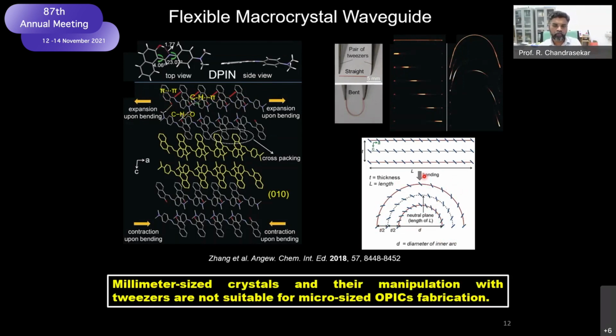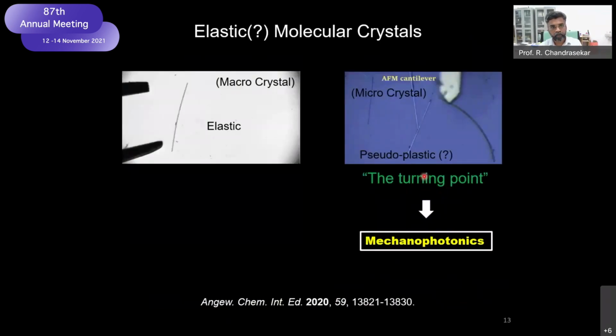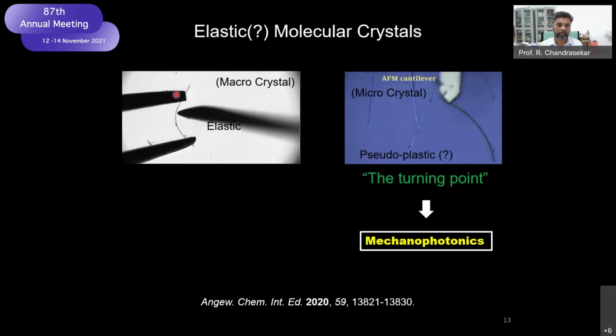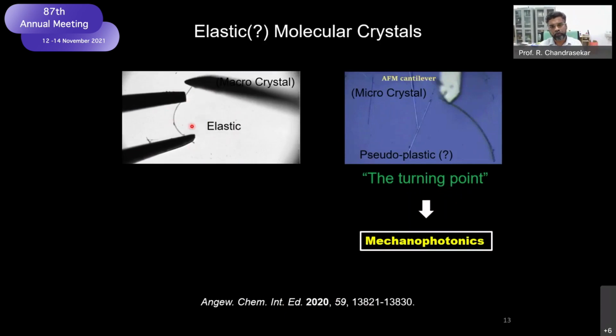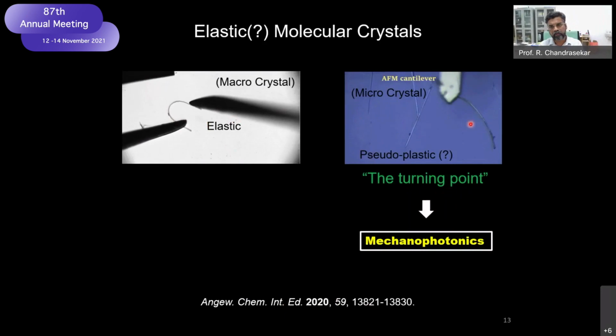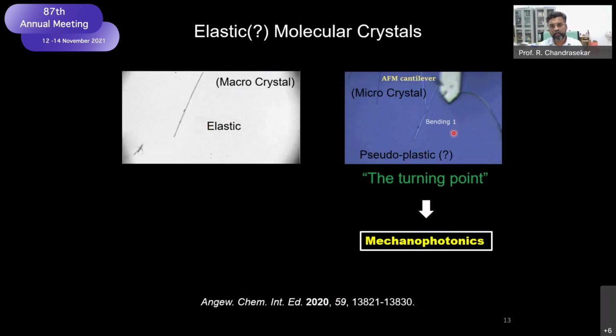But to fabricate photonic integrated circuits, we can't use millimeter-sized crystals, and we also can't use a pair of tweezers, because the circuit is in the micro domain. We have to use microcrystals, and you need a special technique to manipulate them. In other words, you have to use micromanipulation techniques. If you look at a macrocrystal, which is elastic, as shown in this video, the same crystal as a microcrystal deposited on a substrate behaves almost like a pseudoplastic.